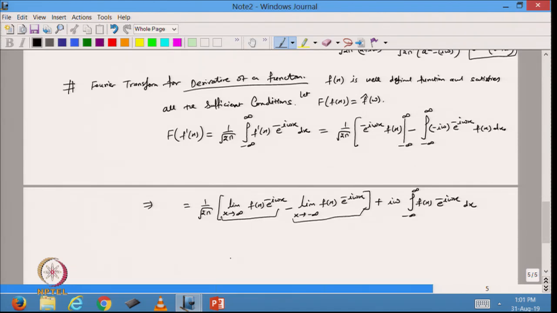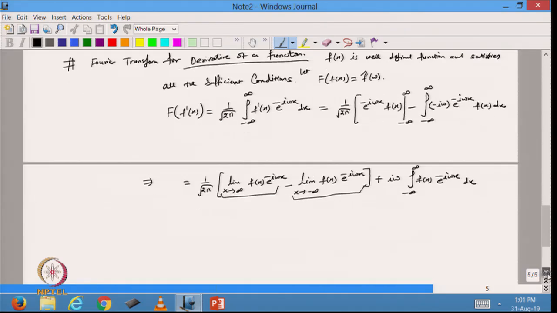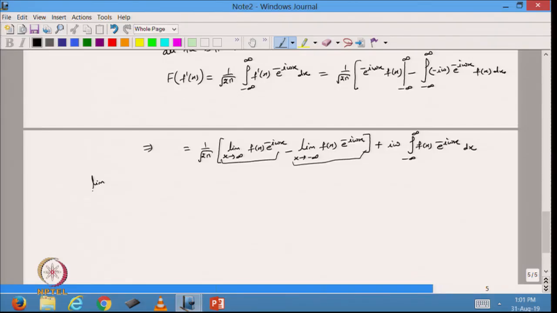Now, from the analysis we know that if the function is absolutely integrable, then this will always be true. When x tends to infinity, f(x) will be 0, and when x tends to minus infinity, the function will be 0.